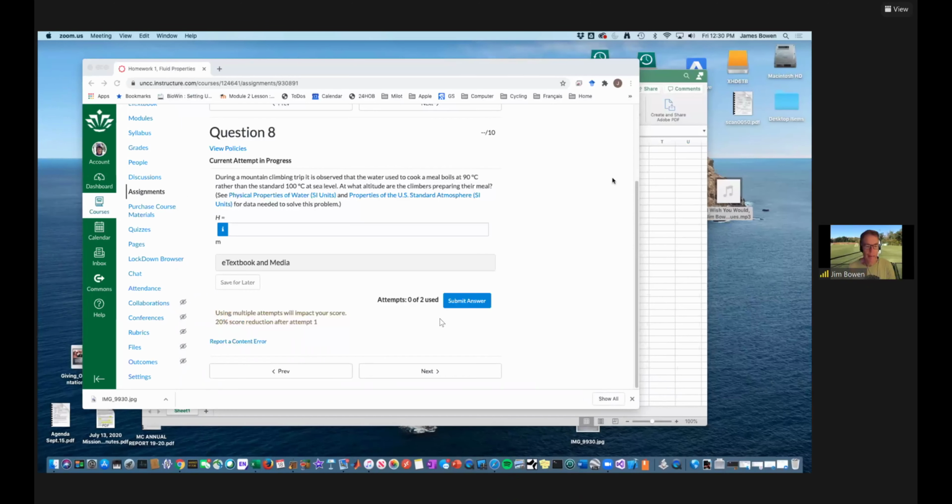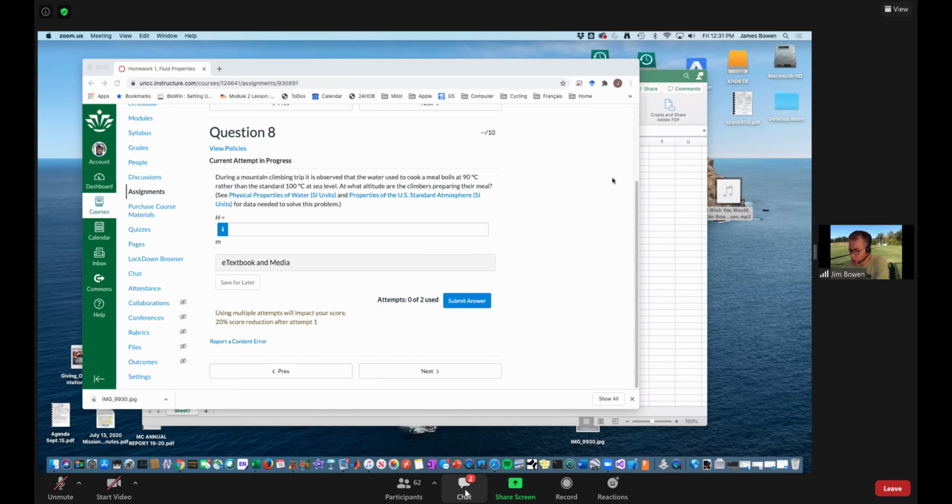Yeah, this one keeps giving me 90 degrees. Well, let's just do 90 degrees centigrade first, because then we only have to do the interpolation once. And I'm going to get you all to help me with it. Then we'll have somebody do it, give us a temperature, and we'll figure out the elevation. You can put it in and see if you get the right answer. How about that? So let's do it for 90 degrees centigrade first.